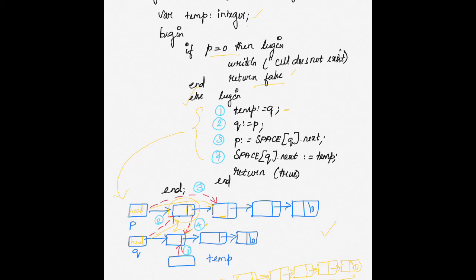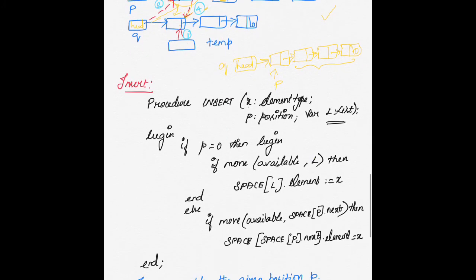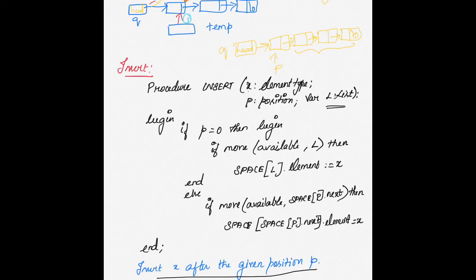We'll be making use of this move function for the insertion and deletion operations in the cursor based linked list. So how can insertion be done? The requirement of insertion is which element we are going to insert, that will be passed as an argument, and to which list we are going to insert, that will also be passed as an argument, and P is the position.